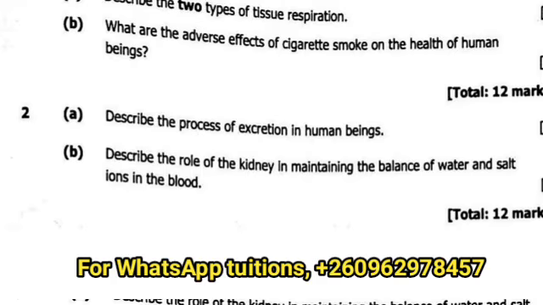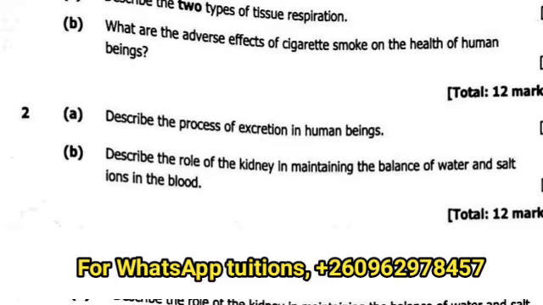During selective reabsorption, your body makes sure that useful materials that would have been filtered out from the glomerulus are reabsorbed back into the blood because they are useful. Take for instance, glucose shouldn't be part of the urine formation.